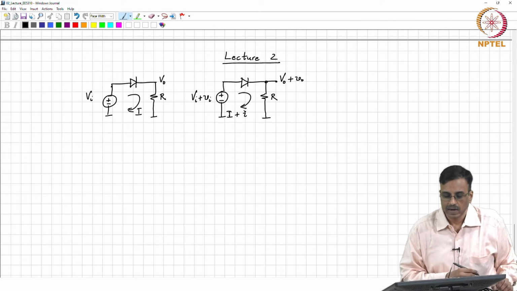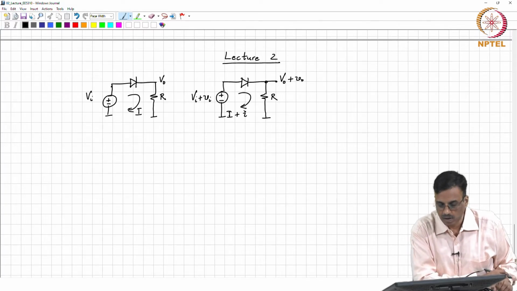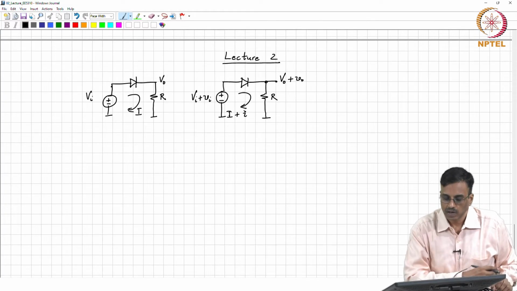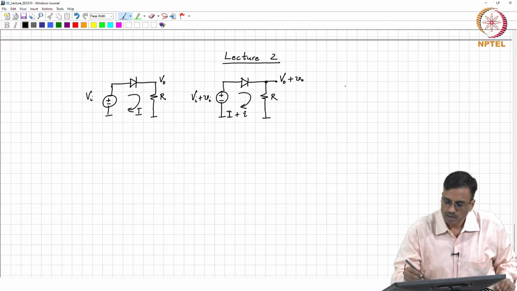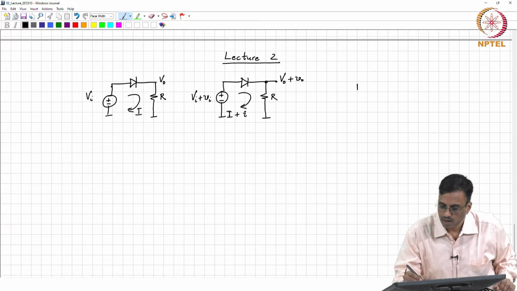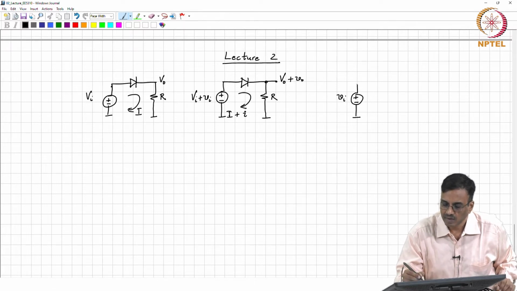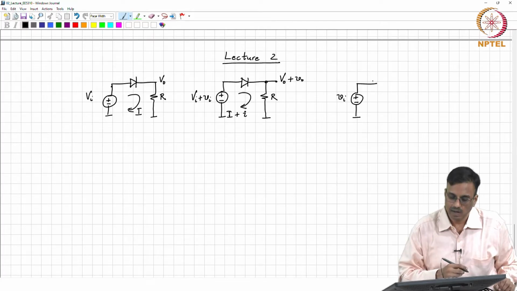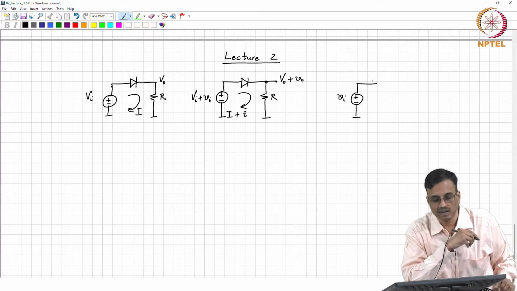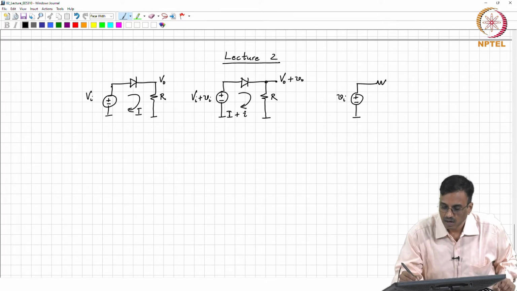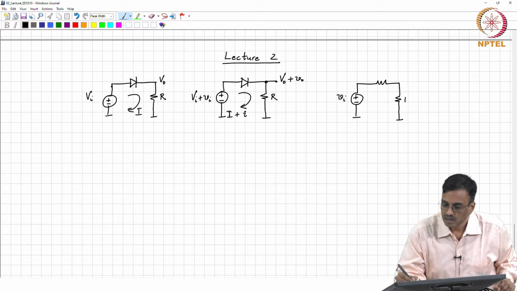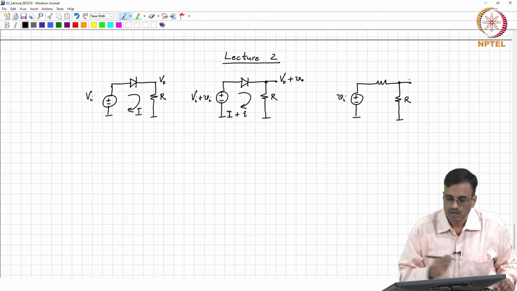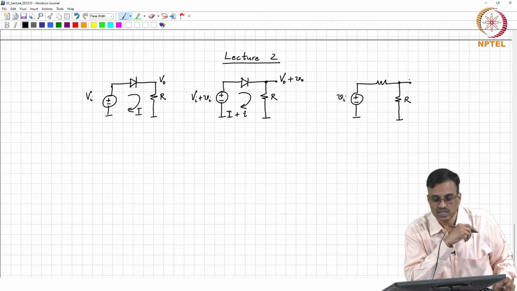And by writing out Kirchhoff's voltage law around the loop and subtracting the two voltages and so on, we got a network relating only the incremental quantities, and assuming the signal small vi is indeed a small signal, we found a linear network relating the change in the branch currents and branch voltages to the change in the excitation.